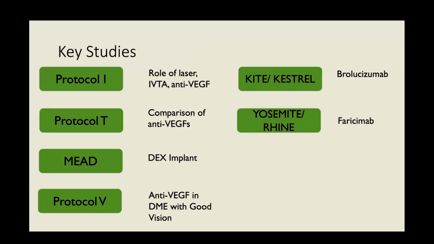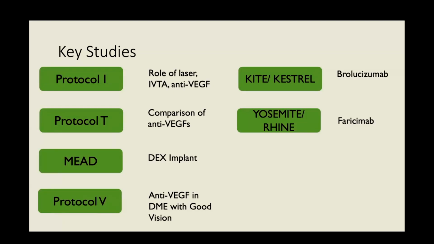There are numerous studies which have compared these anti-VEGF agents, and there is also the pivotal study of DEX implant, and also comparative studies of steroids and anti-VEGF agents. But we probably won't go through all the studies, and it's not easy to remember all the study details.